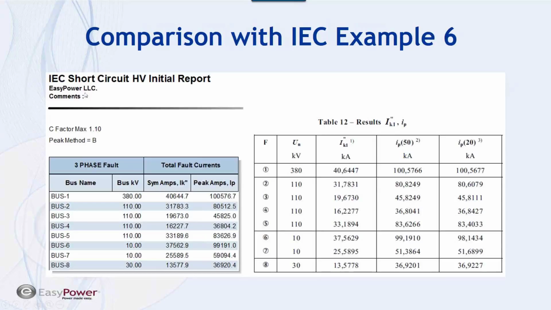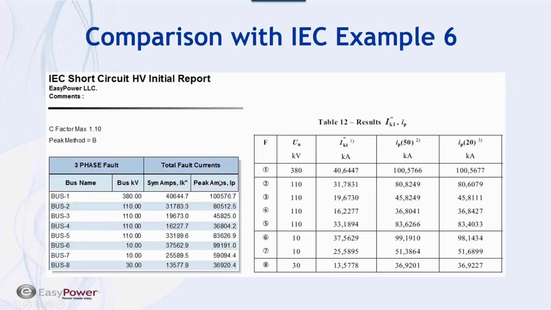So IEC short circuit HV, this is the report we have used. This is an untouched copy from table 12 of IEC 909-4. EasyPower results, IEC results, and bus 1, bus 2, bus 3, as you see the values, we have matched all of them.